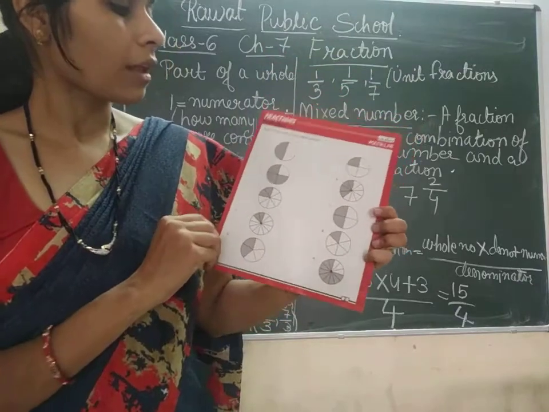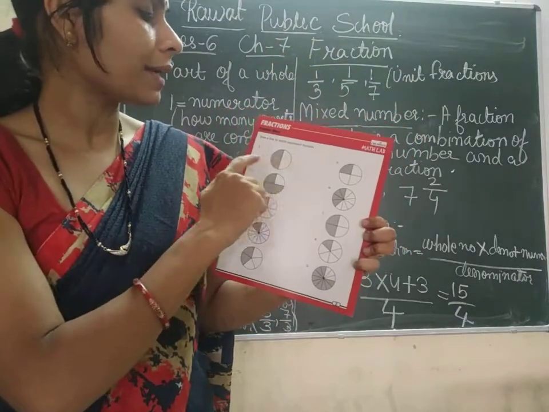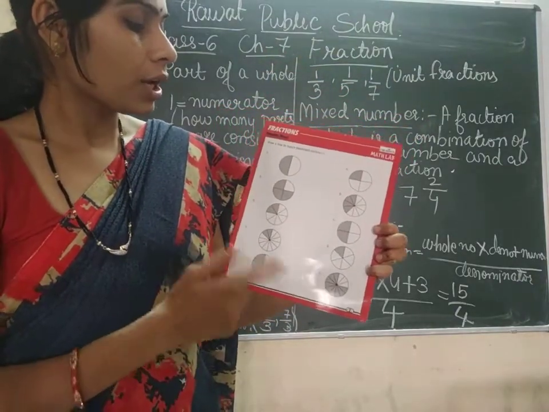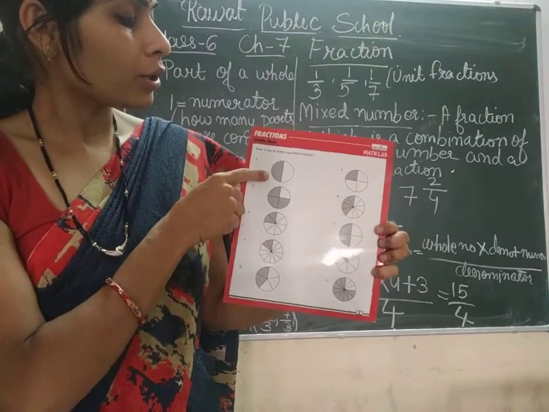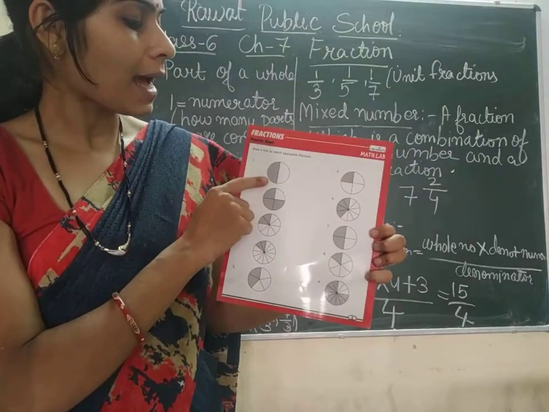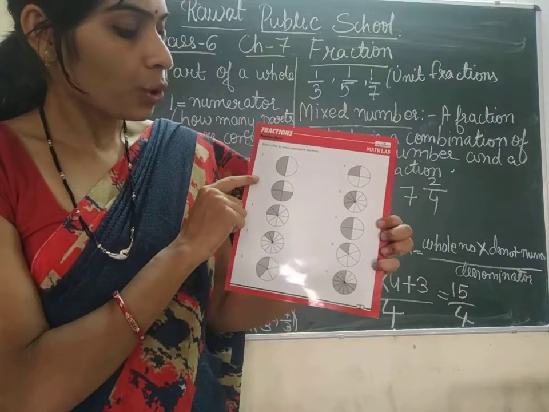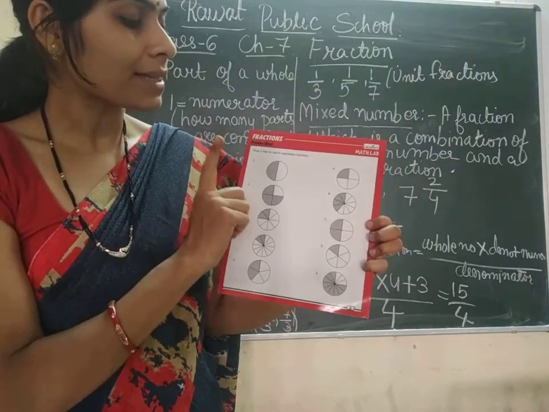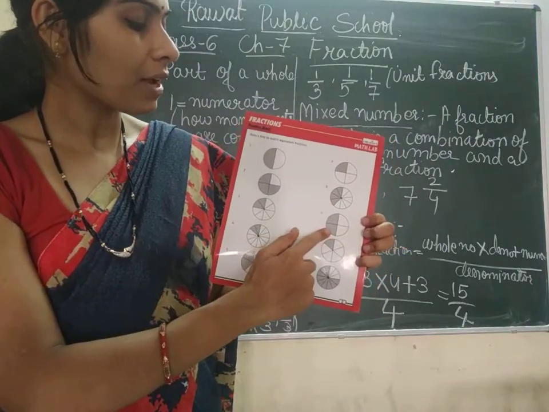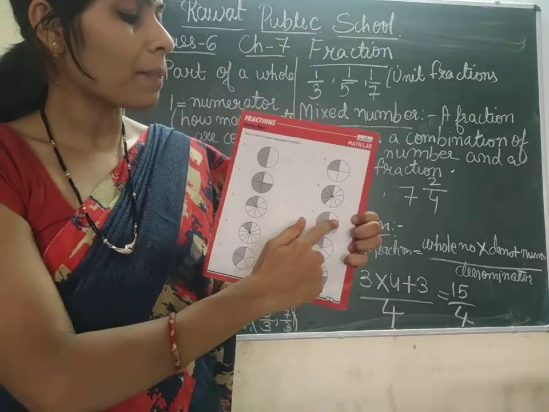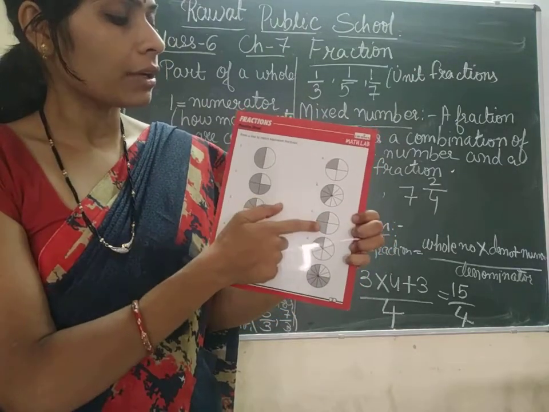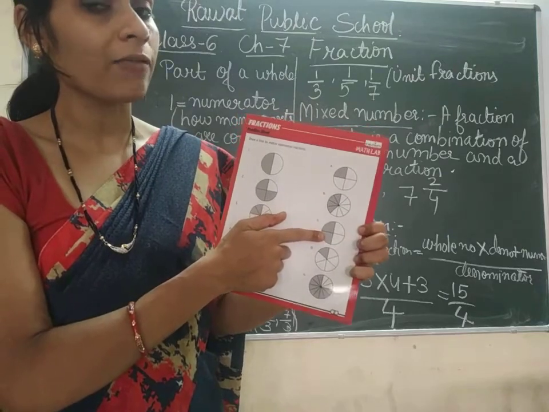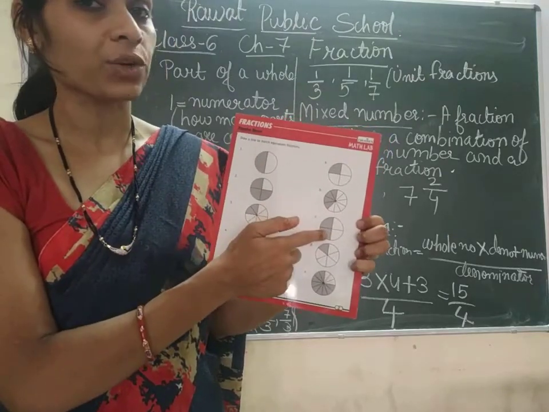Now here we are given, draw a line to match the equivalent fractions. Here you can see that there are 2 equal parts and 1 is shaded. Okay? The same way here also 4 equal parts and 2 are shaded. So 2 by 4 will be what? Again 1 by 2. So 1 by 2 and 1 by 2.